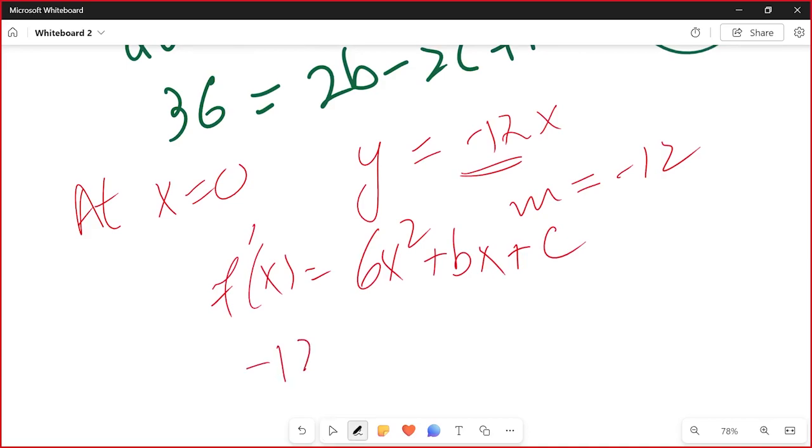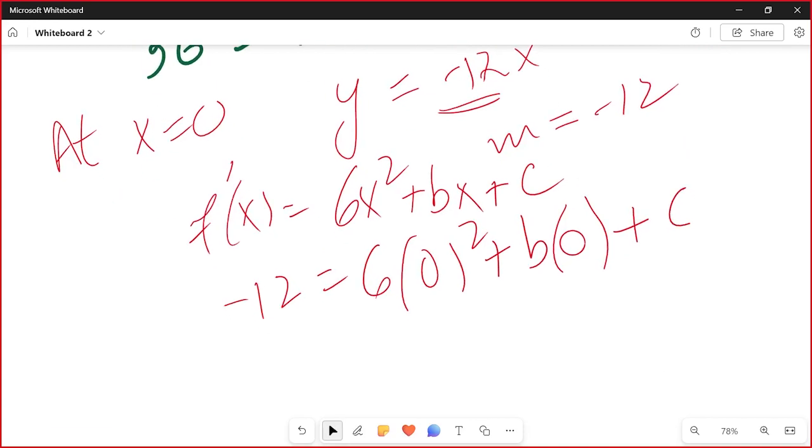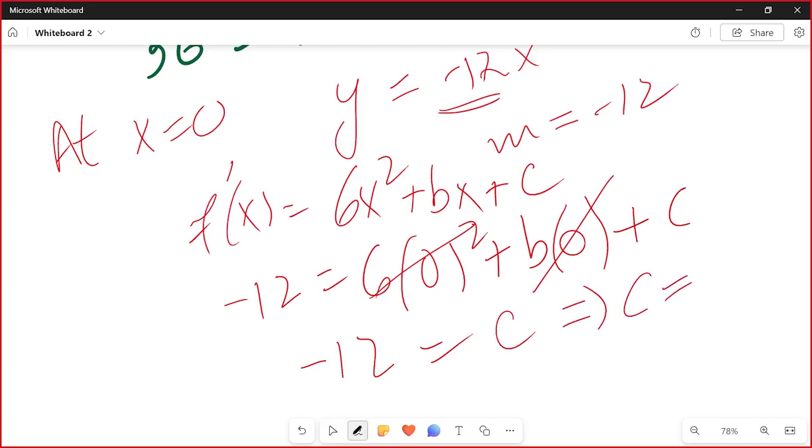So minus 12 is equal to 6 into 0 square plus b into 0 plus c. This cancels, that cancels, so c is equal to minus 12. You get that?